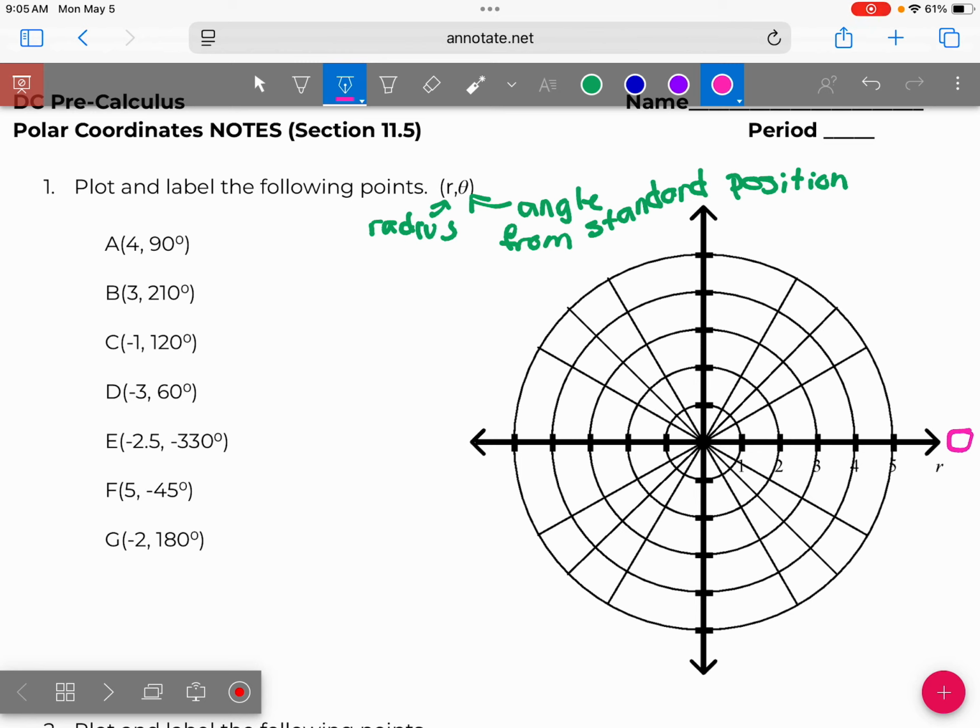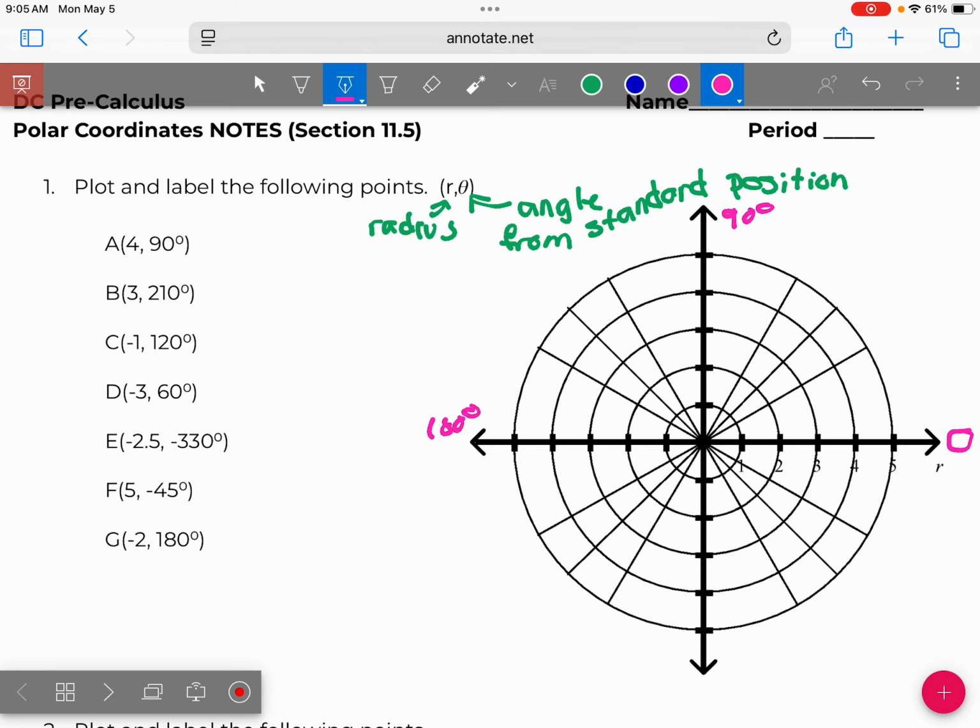But first things first, let's take our axes. What angle is this one up here? 90. So this one's 90 degrees. What's this guy? 180. This guy? 270.